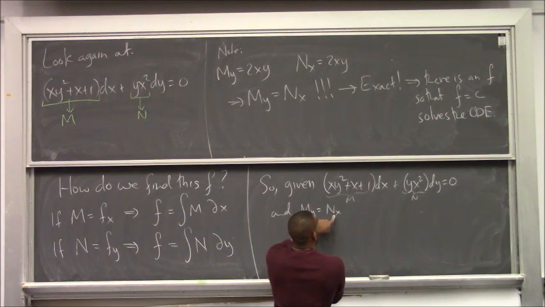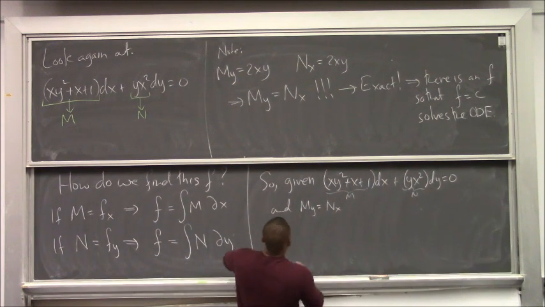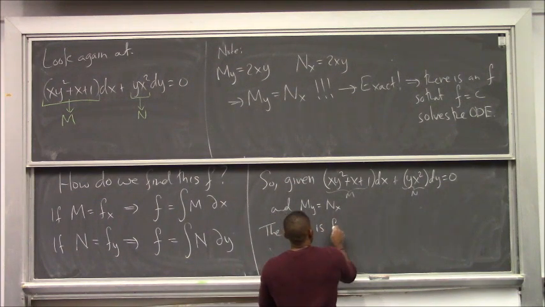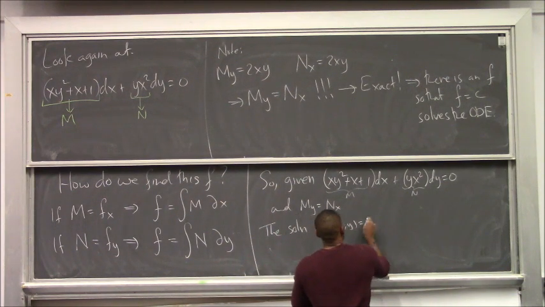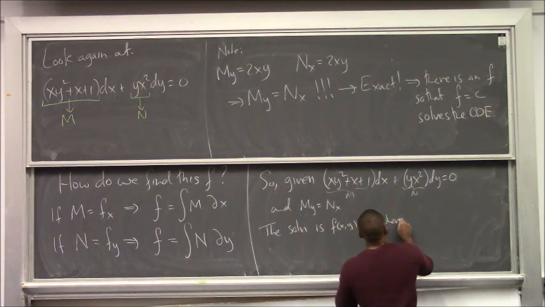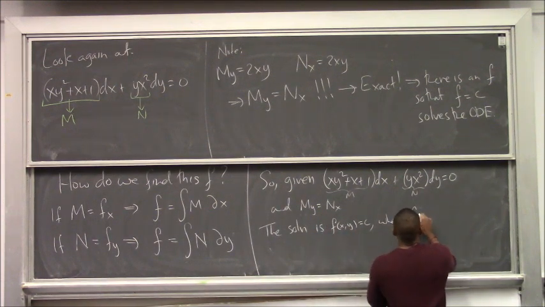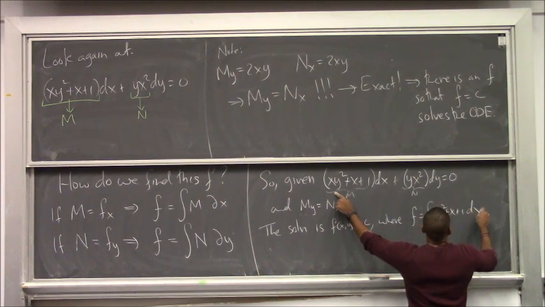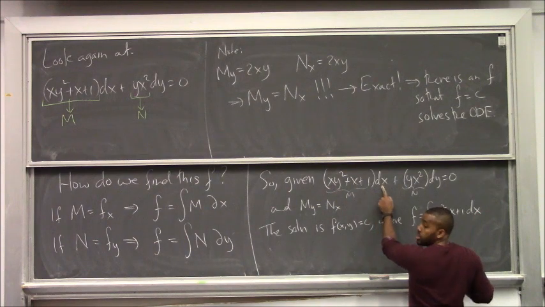Once you notice this, you can immediately say the solution is f(x,y) equals c, where f is going to be equal to the integral of this with respect to x, because I differentiated with respect to x to get this part.